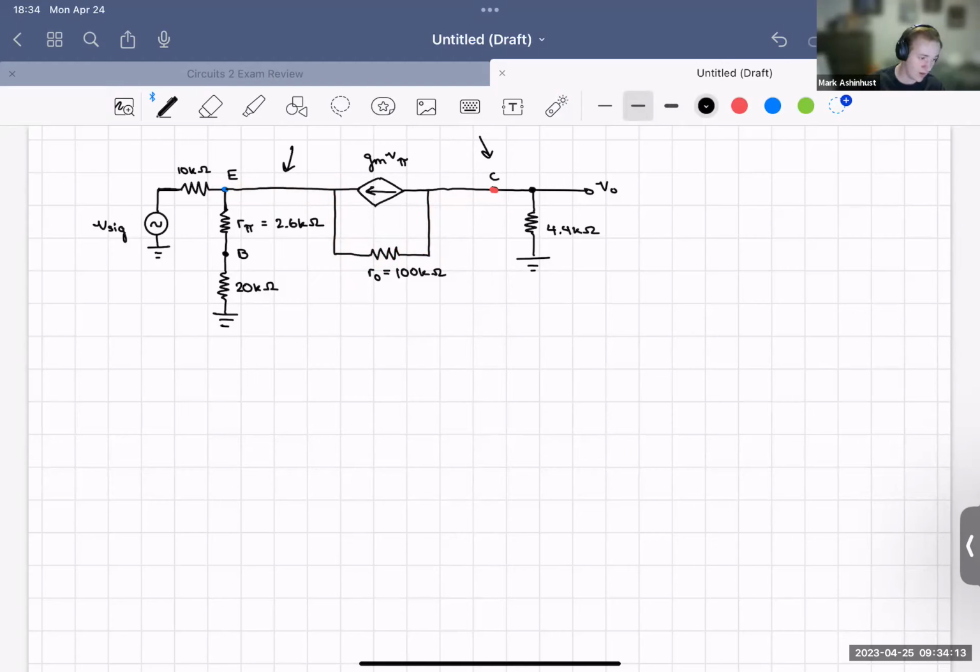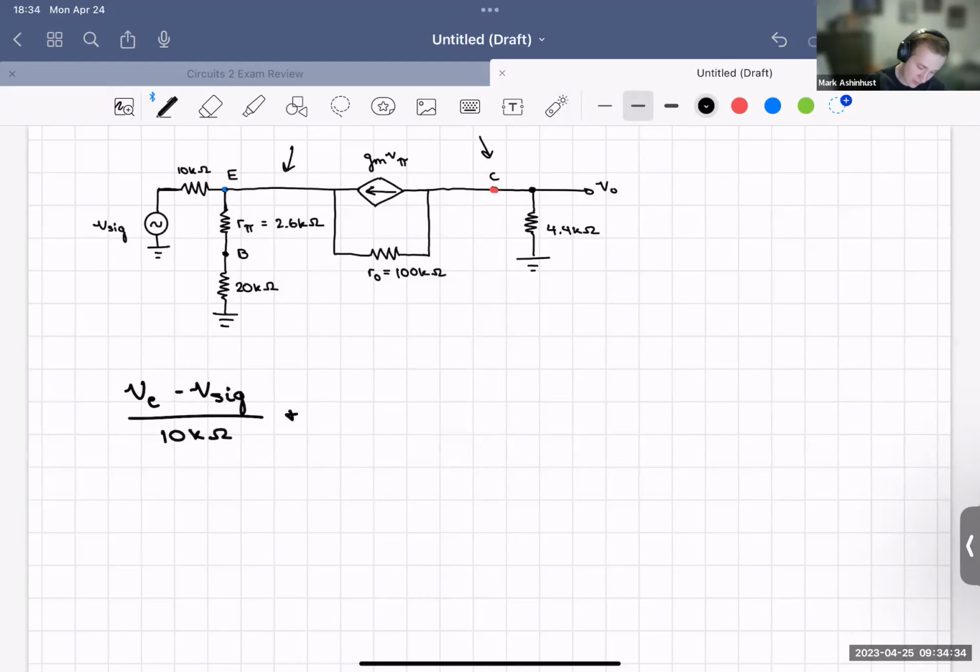Let's just go straight from left to right. So on the far left, we have the V sig and the E. So we'll be going from E over the 10K down to V sig. So we'll have V at the emitter minus V sig over 10 kilo ohms.